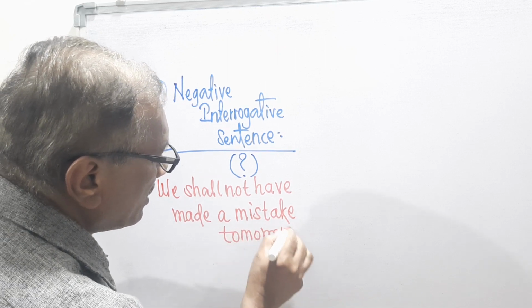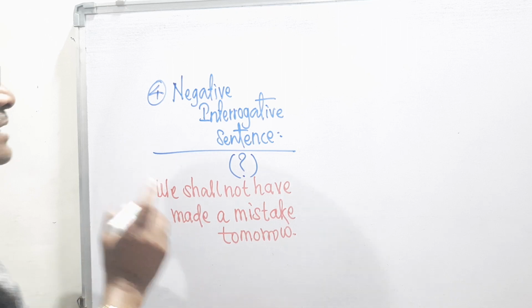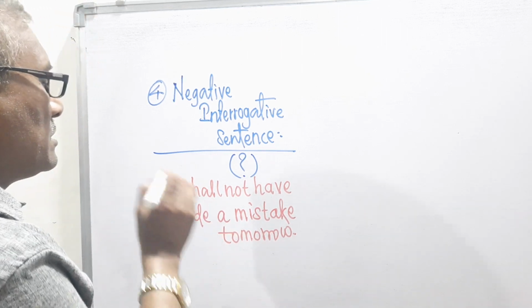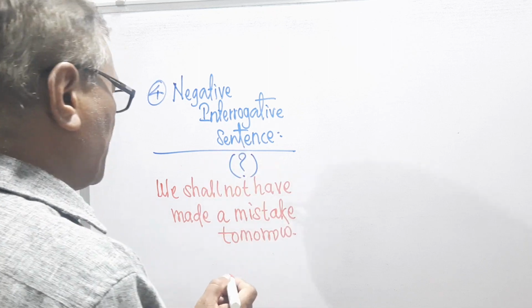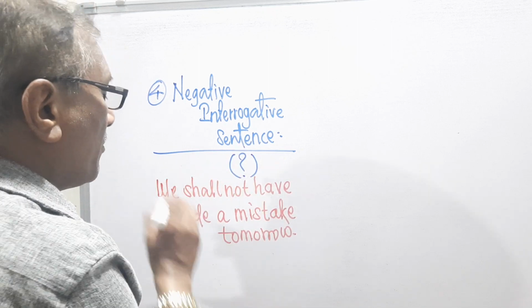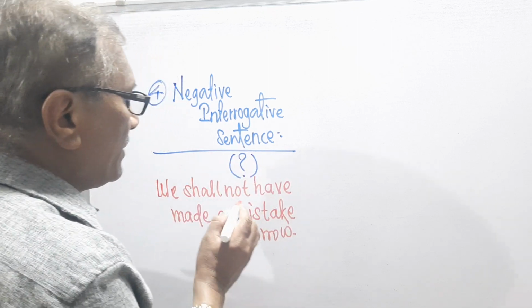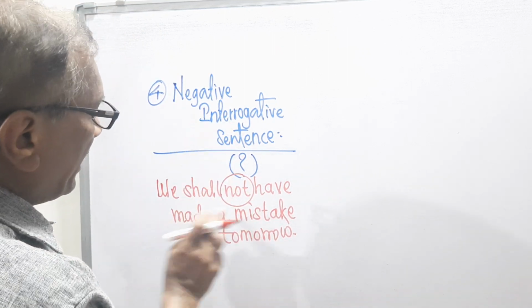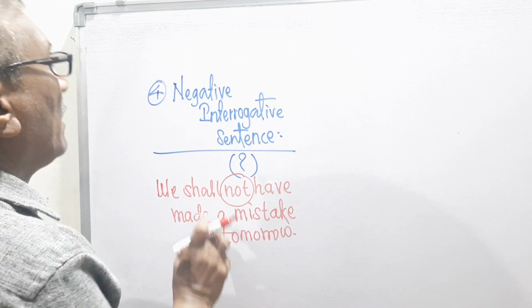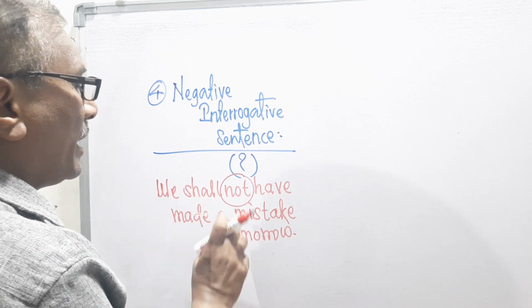Okay, this is the sentence, and this sentence is a simple negative sentence, because there is not, and that's why this sentence is simple but negative.